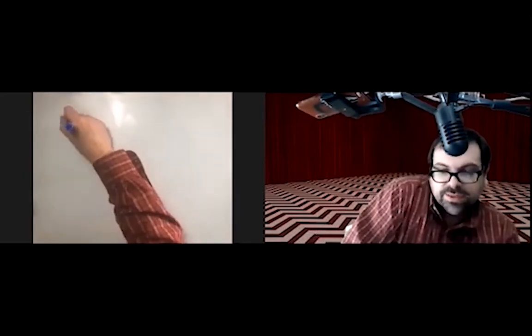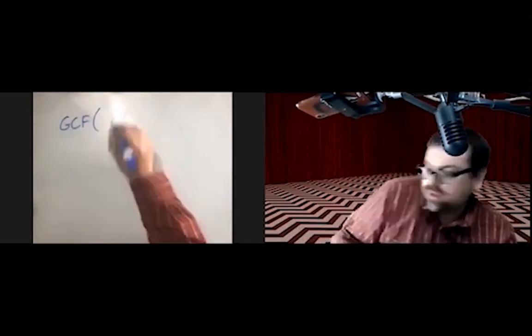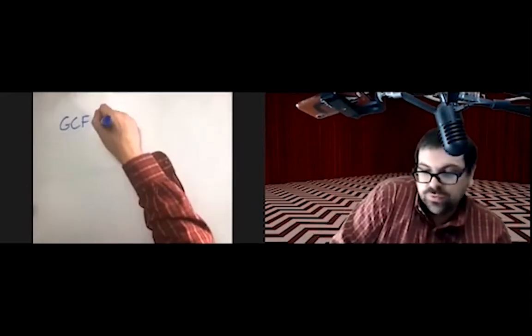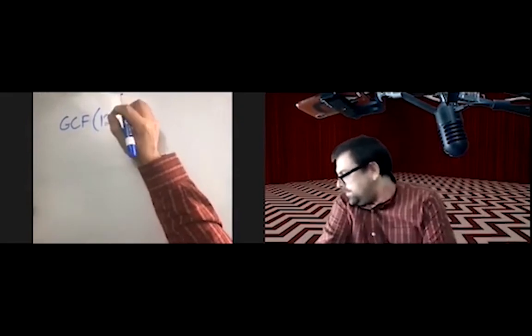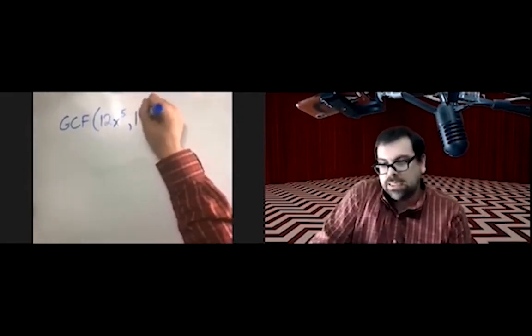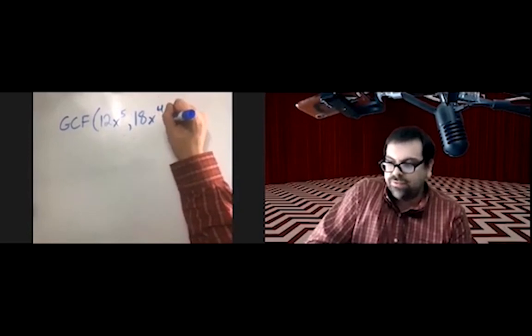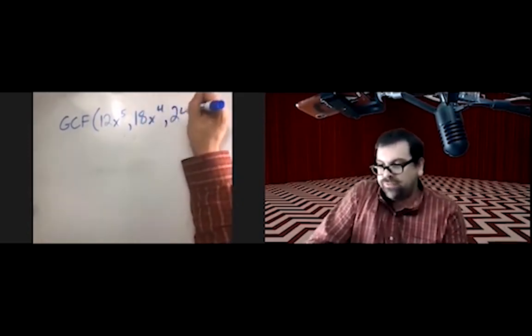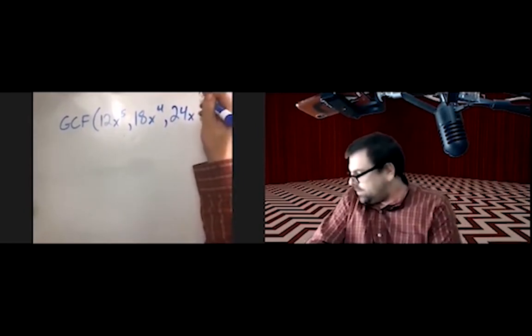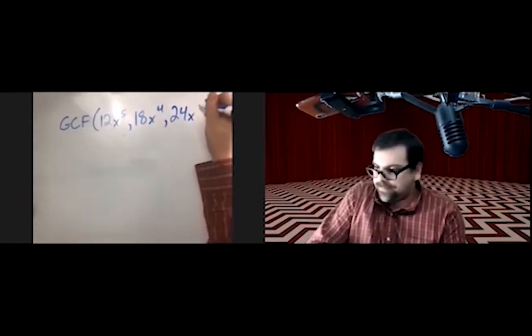Let's find the greatest common factor of 12x to the 5th, 18x to the 4th, and 24x cubed.